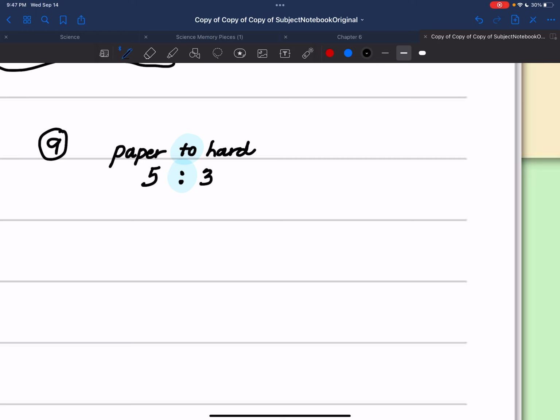What is the ratio of hardbacks to all books? Okay. So we have 5 paperbacks to 3 hardbacks. So this is a sample total of 8.